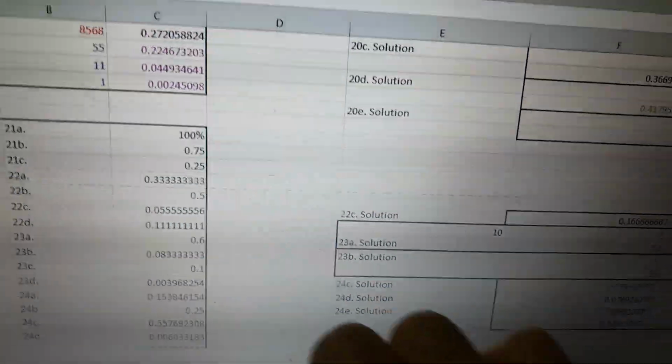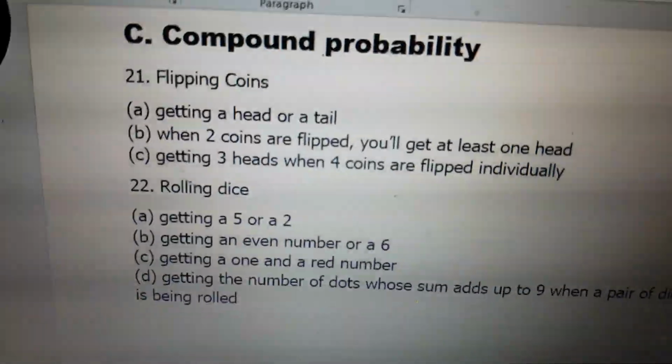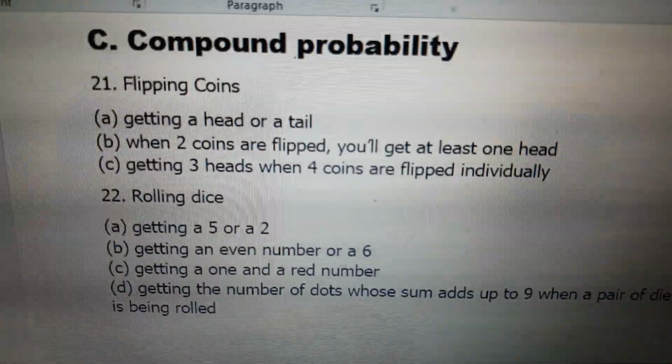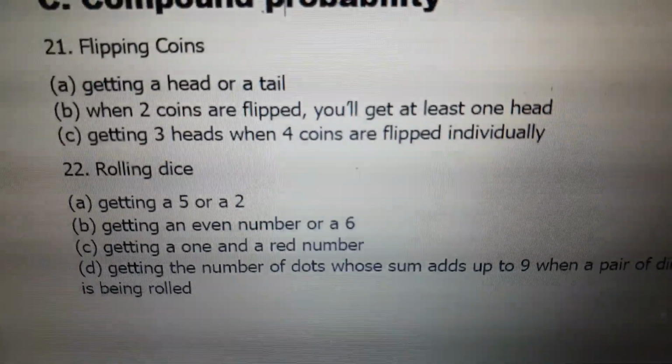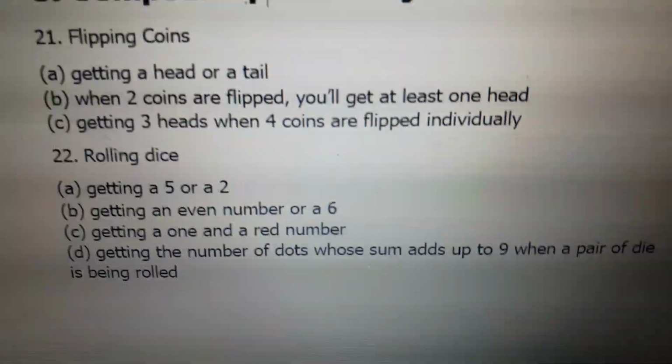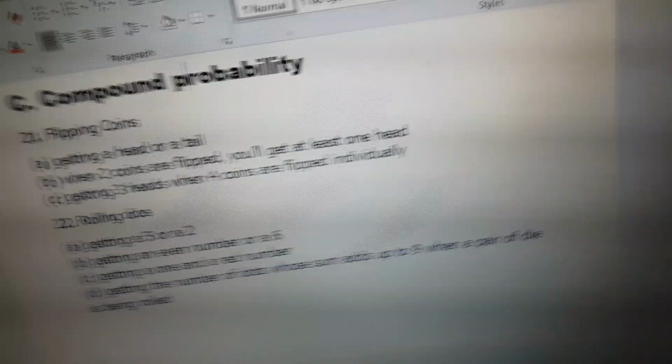Yan. Next, letter B. Getting an even number or a 6. Ayan. This one, if you want to use a formula, pwede pa rin. Pero, I'll teach you the formula sooner. For now, use your common sense. Remember, this is your fair die. Your fair die consists of the numbers 1, 2, 3, 4, 5, and 6. Tama?